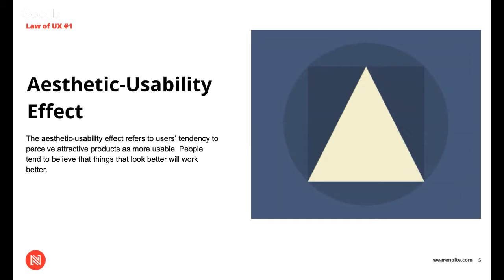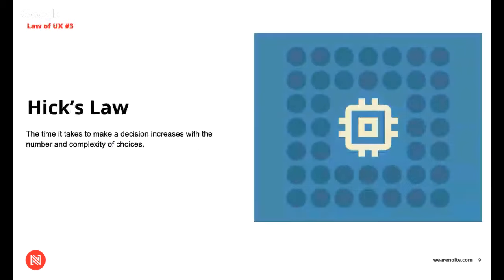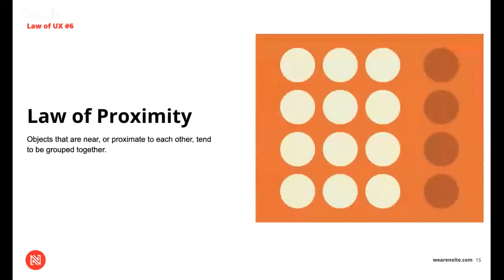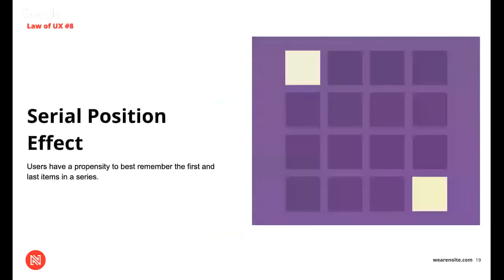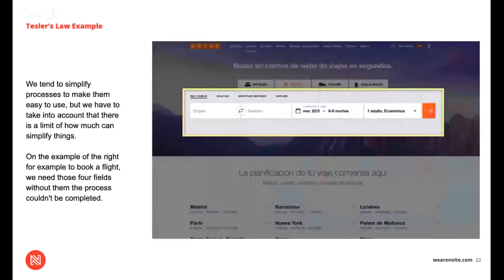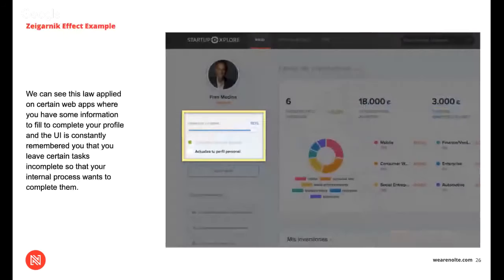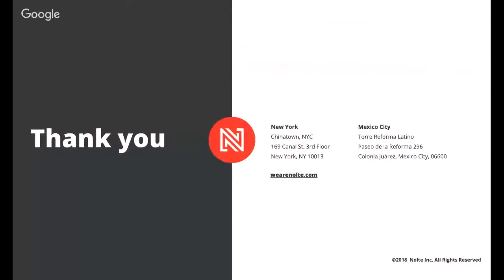So some of these laws are taken from there, and overall the Jakob Nielsen Group is still the most important source of usability principles.